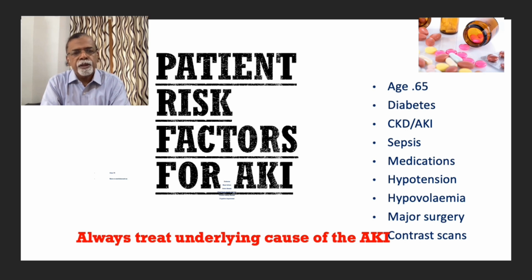All these increase the risk for acute kidney injury. A pre-existing kidney injury, a previous history of AKI, or a patient already having chronic kidney disease are also at high risk of developing acute kidney injury.